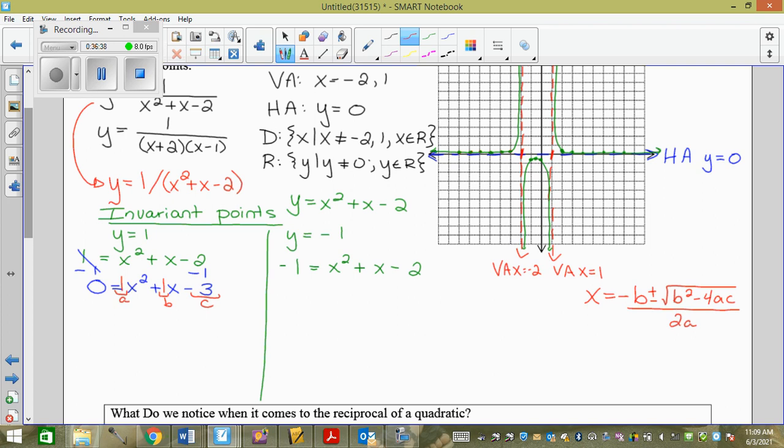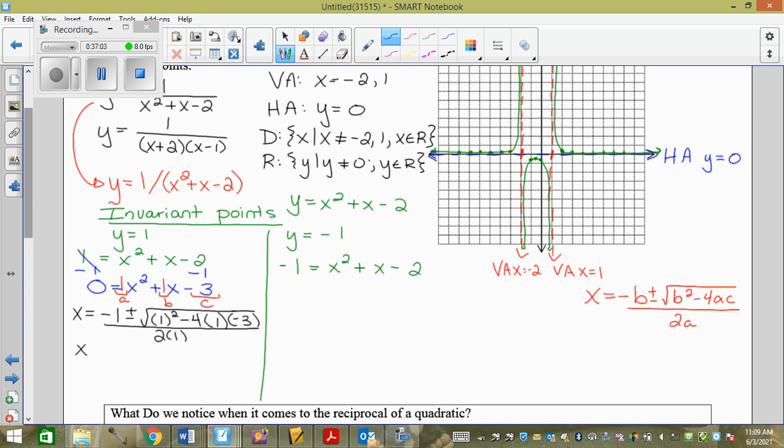So we're going to go fill it in. We're going to get x equals negative b, which is negative 1... plus or minus the square root of b squared, which is 1 squared, minus 4 times a, which is 1, times c, which is negative 3, all over 2 times a, which is 1.